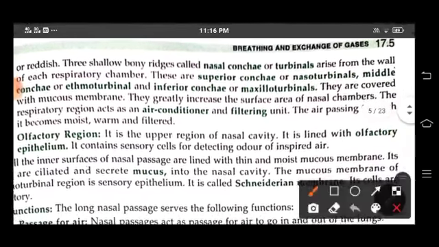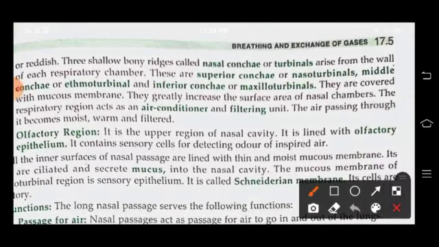Now these are covered with mucous membranes and they increase the surface area of the nasal chambers. The respiratory region acts as an air conditioner and filtering unit, and the air passing through becomes moist, warm, and filtered.